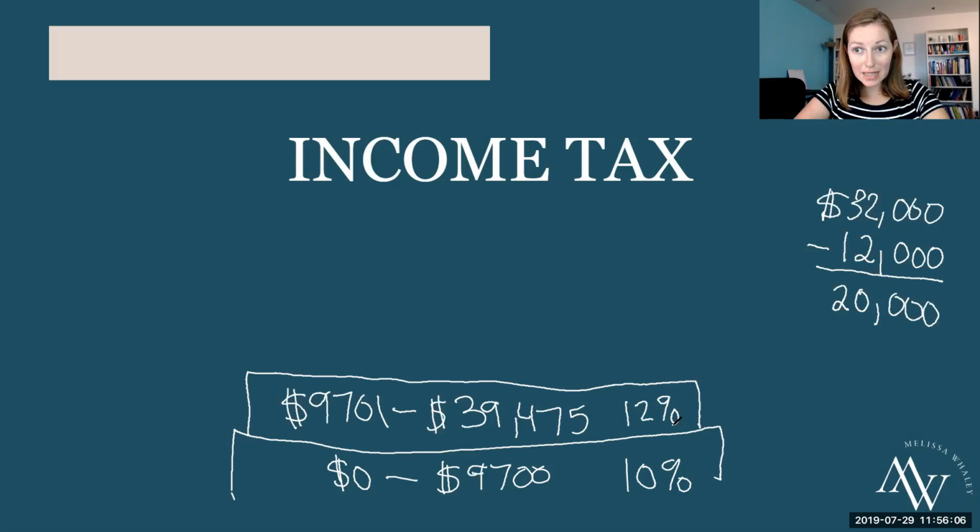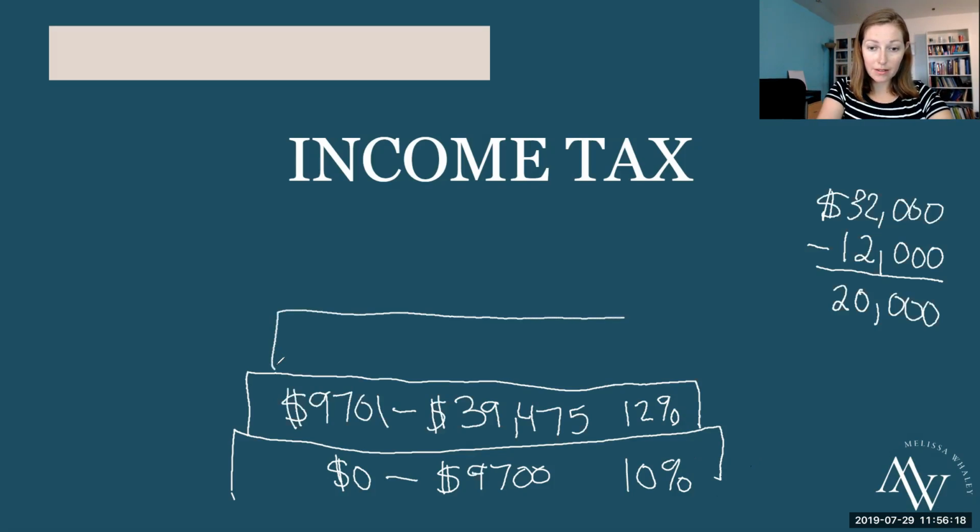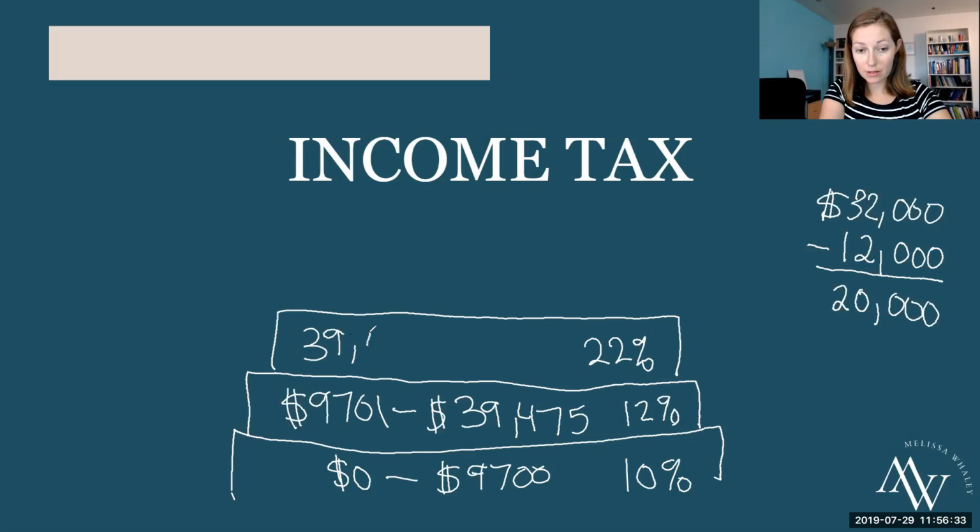So this means that you're paying 10% on the first layer of income, and then the next layer of income you're paying 12% on, and then the next layer of income you're paying 22% on, so it jumps up quite a bit, and that's for all income over $39,476.